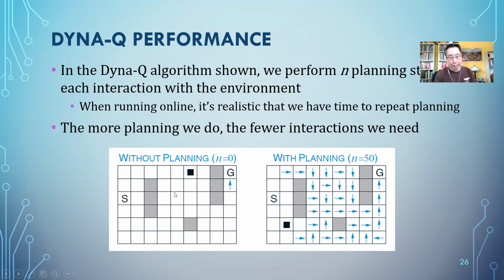If you start here at S and G is your goal, and you don't do any planning, if you just do Q learning, initialized with a random policy where 25% of the time you go up, down, left, or right, it's going to wander around and wander around, and most likely after hundreds, if not thousands of steps, it's going to randomly luck into this part of the grid, go up one and then up two, and actually make it to the goal.